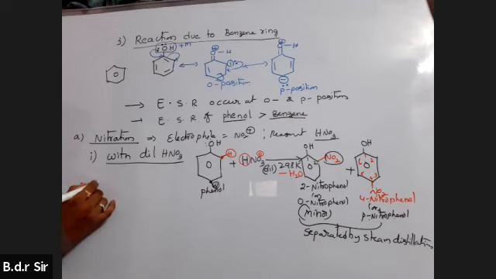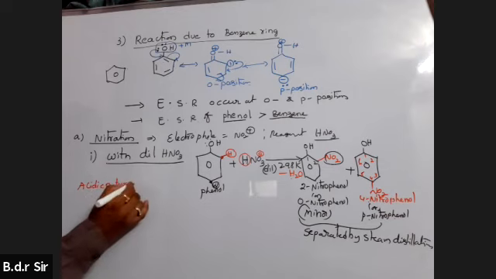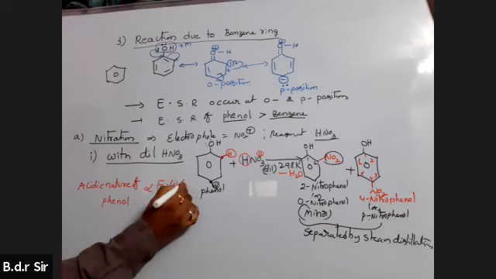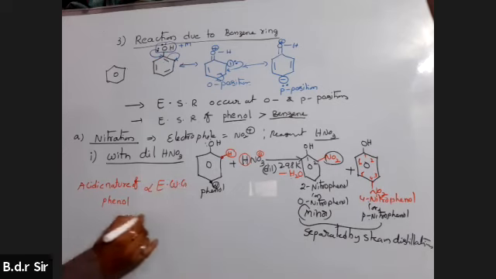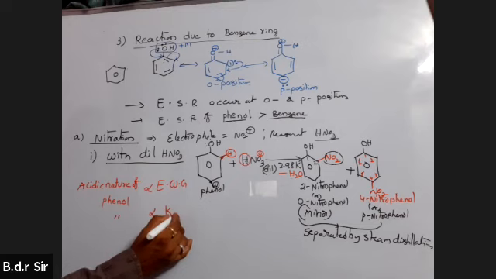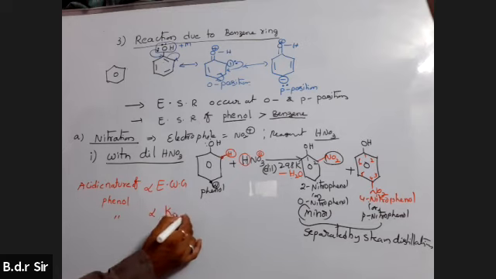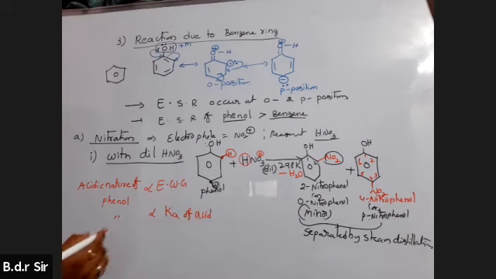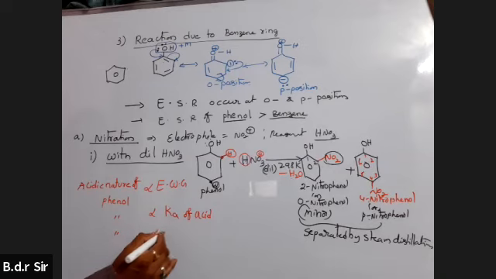Acidic nature of phenol is directly proportional to the electron withdrawing group. It is directly proportional to Ka of the acid, that is phenol. It is inversely proportional to pKa. It is inversely proportional to electron donating groups.